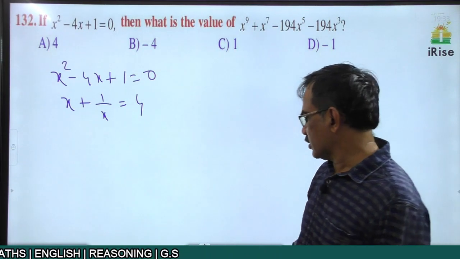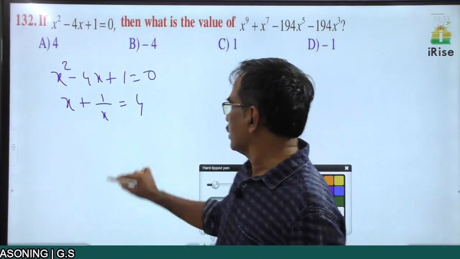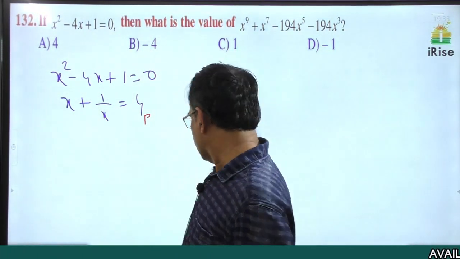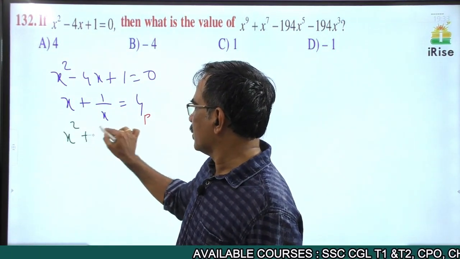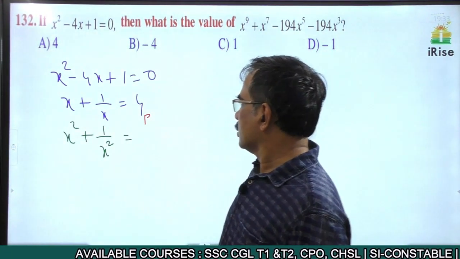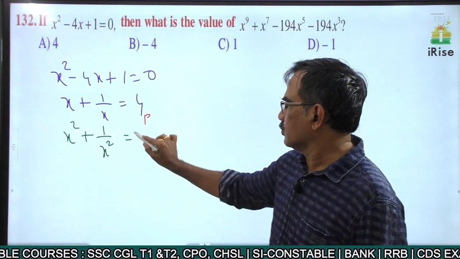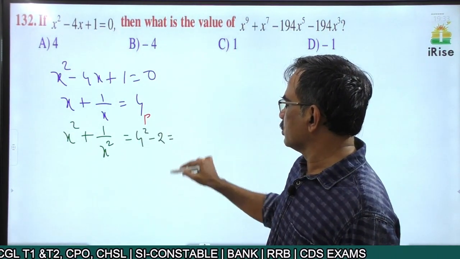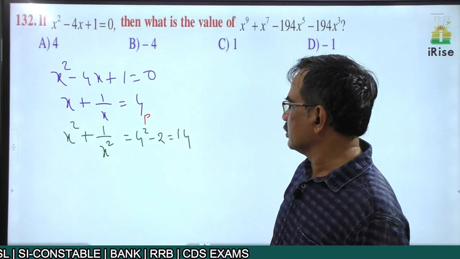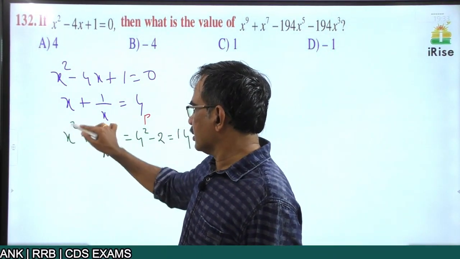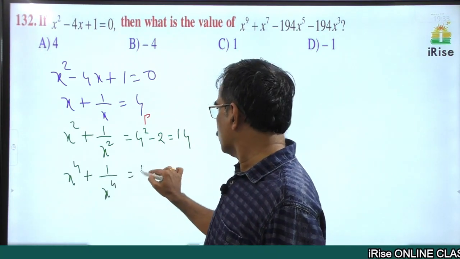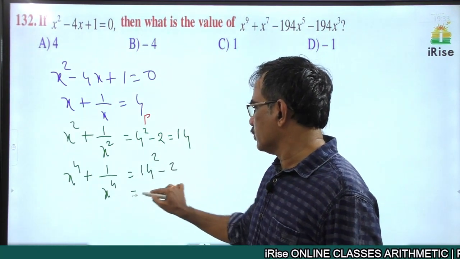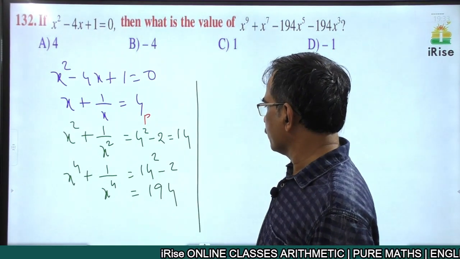If x plus 1 by x is equal to 4, consider this as p, then what is x square plus 1 by x square? P square minus 2, 4 square minus 2, 16 minus 2, 14. Similarly, x power 4 plus 1 by x power 4 is equal to again 14 square minus 2, which is equal to 194.